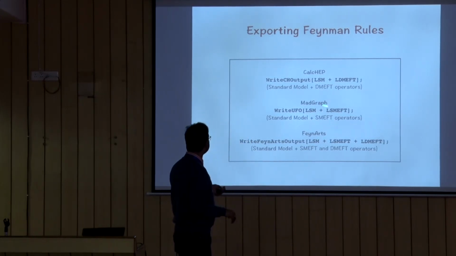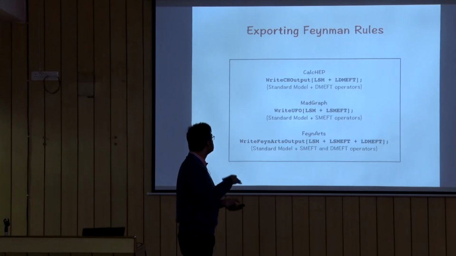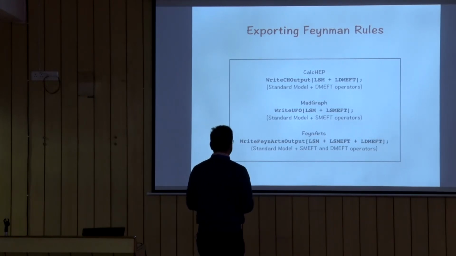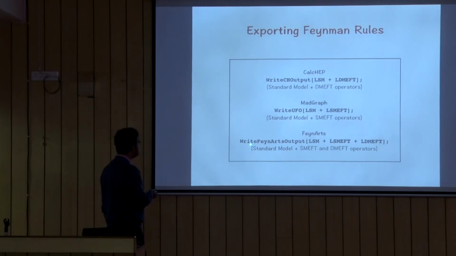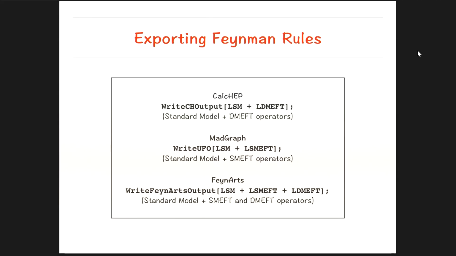This will allow you to feed the right UFO files. So these are the files which are usually fed into MadGraph, and they will do all kinds of collider simulations for you. You can also feed this into FeynArts, and this is the command by which you can actually do that. So with this, I think I will end.